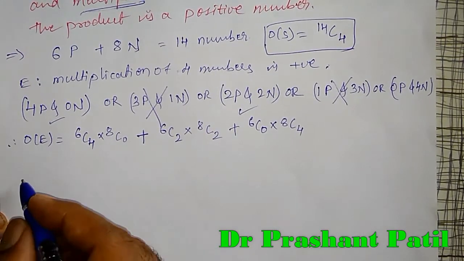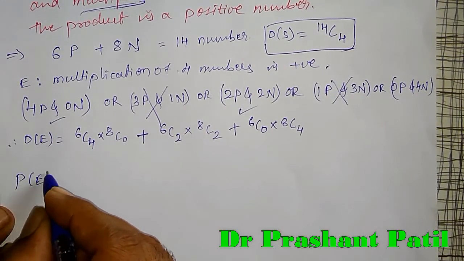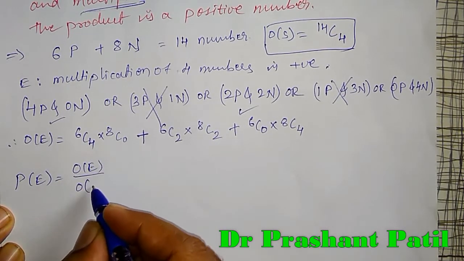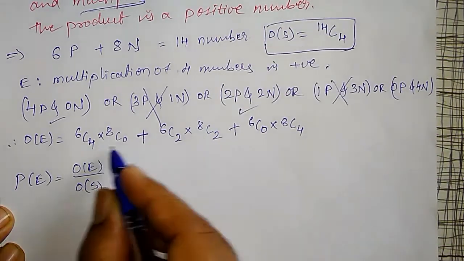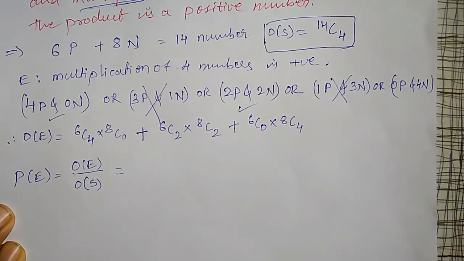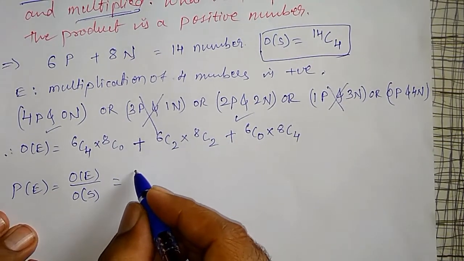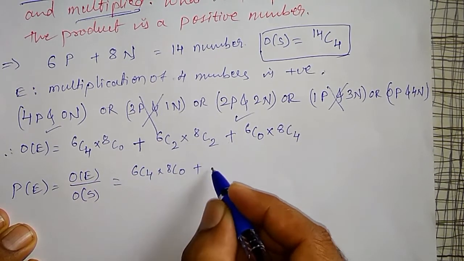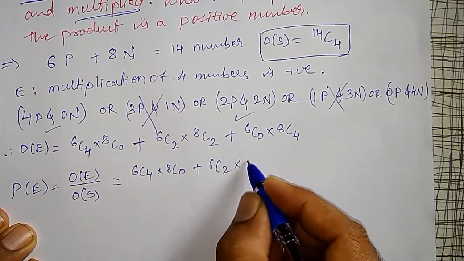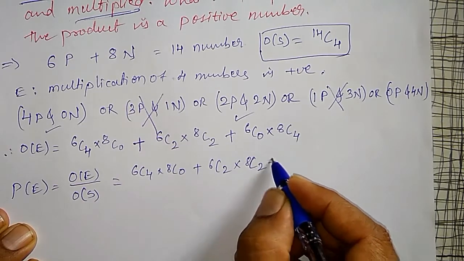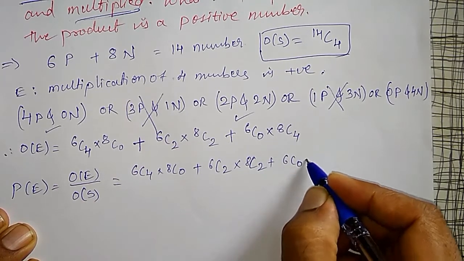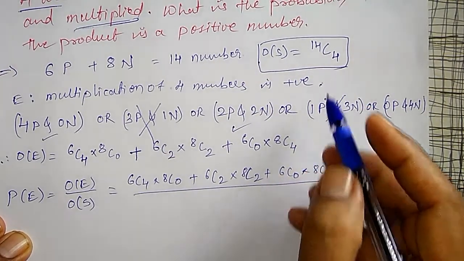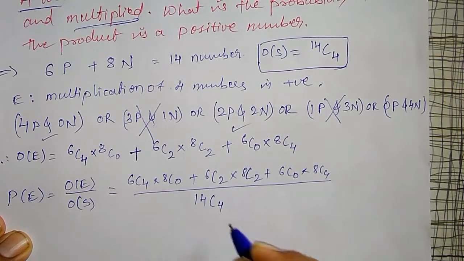Therefore, the probability of event E is given by the order of event E divided by the order of sample space. The order of event is this one, and I will write it as 6C4 into 8C0 plus 6C2 into 8C2 plus 6C0 into 8C4, whole divided by the order of sample space already calculated, that is 14C4.